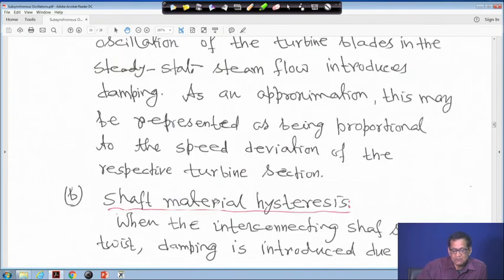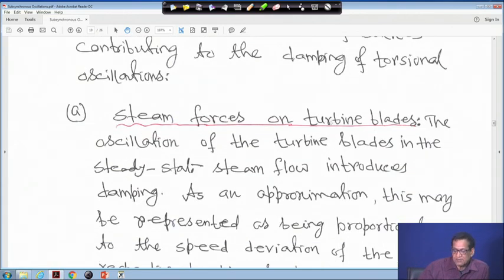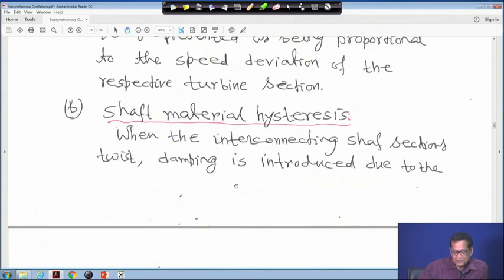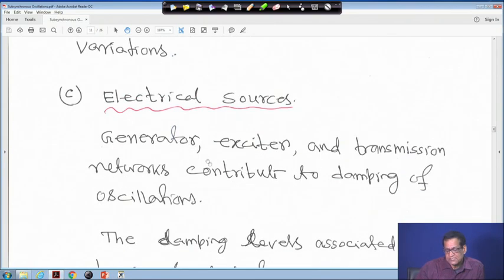So, the sources contributing to damping are the steam forces on turbine blades, the shaft material hysteresis, and the electrical sources, meaning generator, exciter and transmission networks.